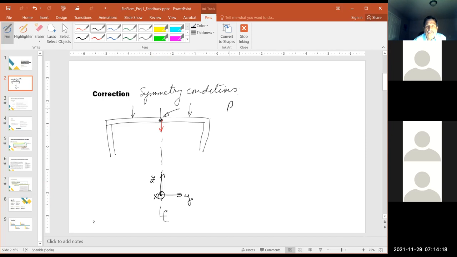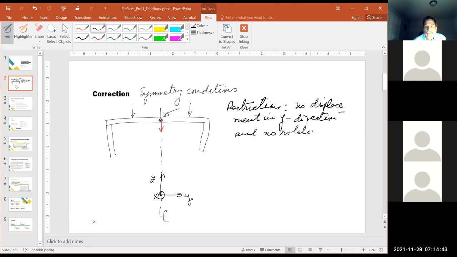So the restrictions would be no displacement in Y direction and no rotation in the X direction.